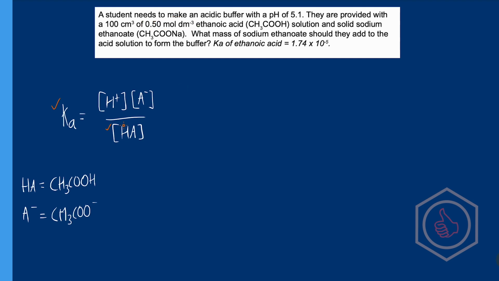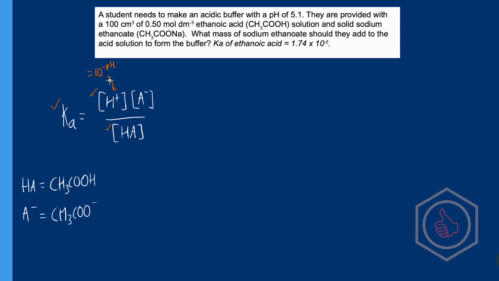And we're actually told the concentration of H+, because we're given a pH of 5.1. Now remember, concentration of H+ equals 10 to the minus pH. Great, we know all three of these things, but what we don't know is the concentration of A-, the ethanoate ion.